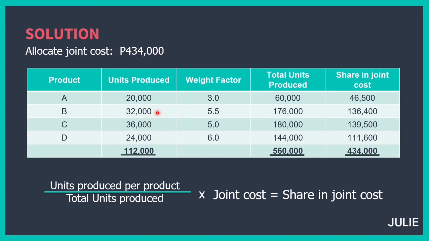Product B, 32,000, 5.5, 176,000, and 136,400 as share in joint cost. For product C, we have 36,000 units produced, 5.0 weight factor, 180,000 total units produced, and 139,500 share in joint cost. For product D, we have 24,000 units produced, 6.0 weight factor, 144,000 total units produced, and 111,600 share in joint cost.